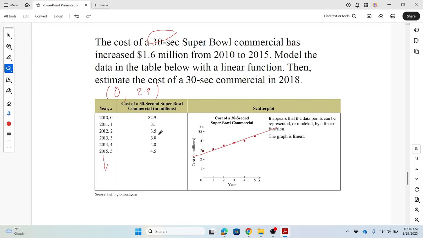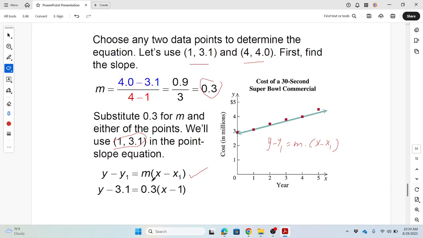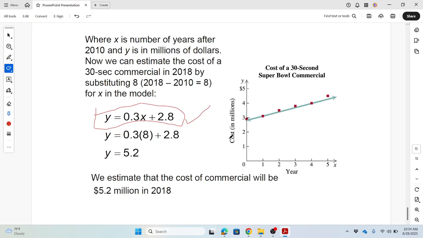We have the data up to 2015 and we don't know what the cost will be in 2018, but we can use this modeling, the linear equation of line, to predict the value in 2018.